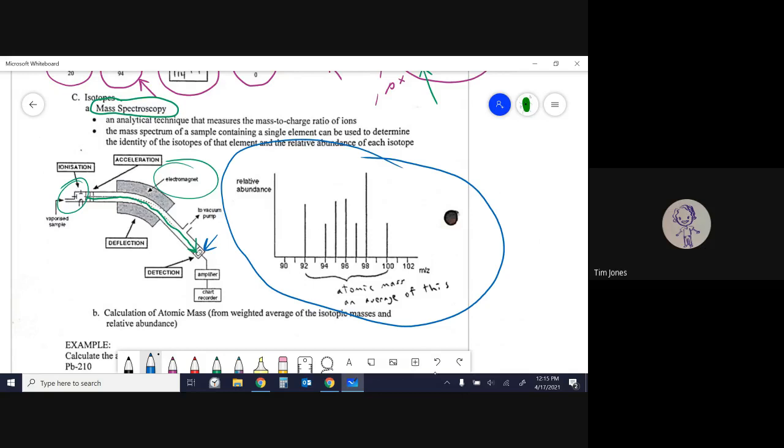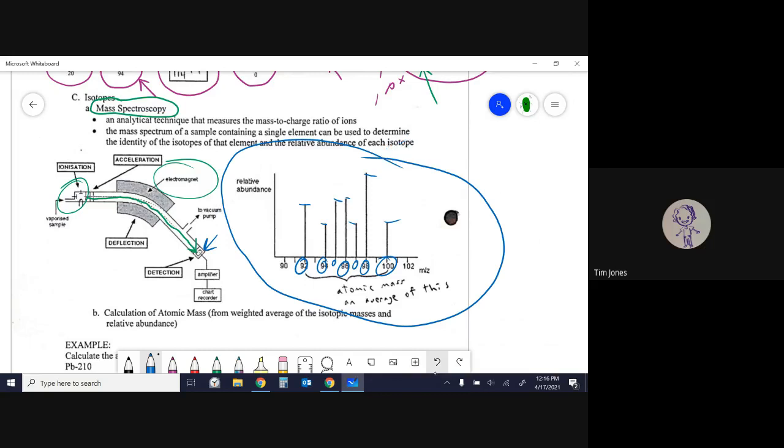It gave off one with a mass of 92, 94, 95, 96, 97, 98, and 100. The height of each line here is how abundant it was. In other words, it looks like this isotope with a mass of 98 was the most popular and the one that was detected the most.